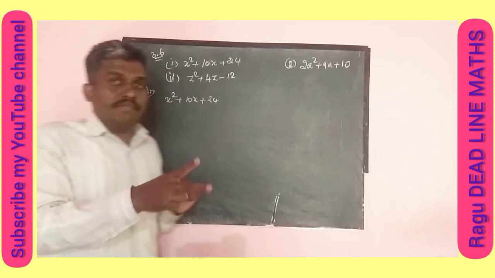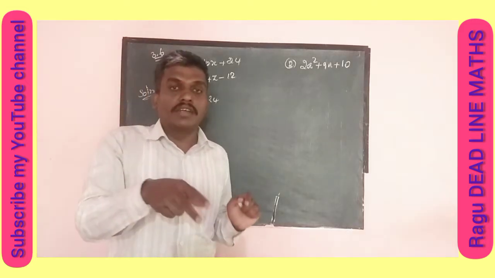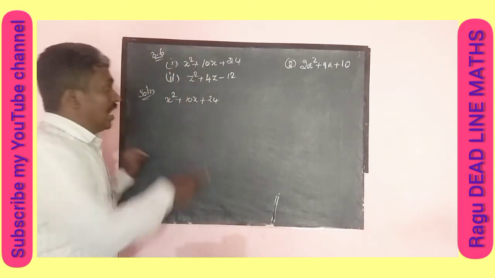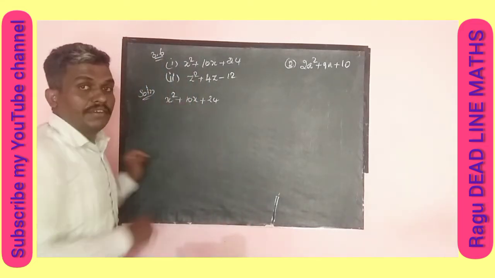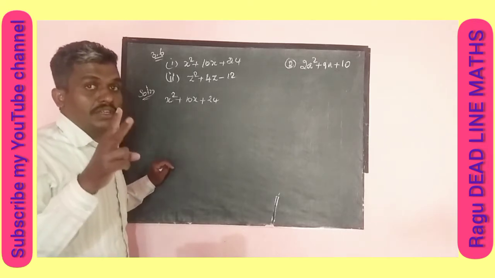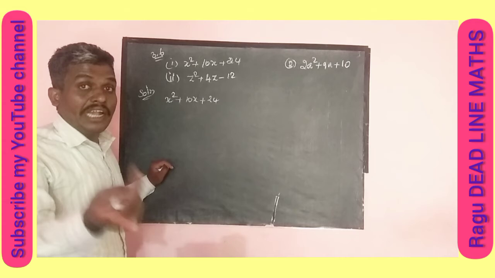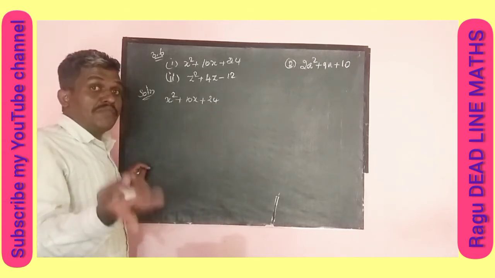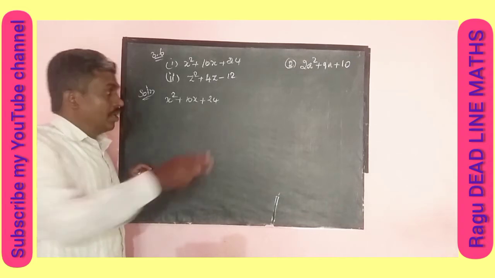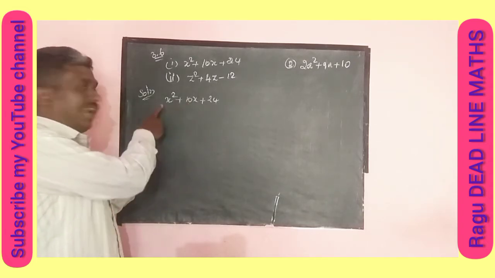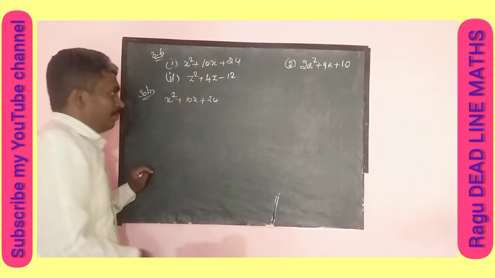And if you add the same two numbers, you will get the coefficient of x. Did you understand? Coefficient of x, not x square, coefficient of x.